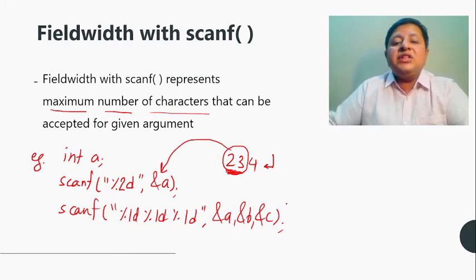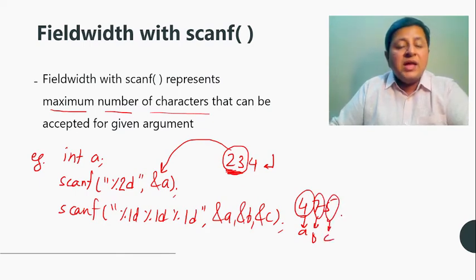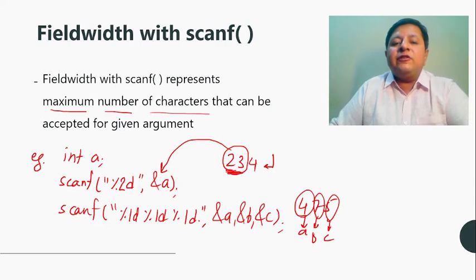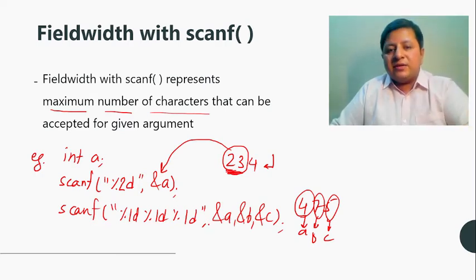Even if the user has given a 3-digit number, let's say 475, 4 will be stored in a, 7 will be stored in b, and 5 will be stored in c, because the maximum I can read for every argument is one digit. That's a wonderful concept, and it can be used in a variety of programs whenever we need to take input in this constrained manner.